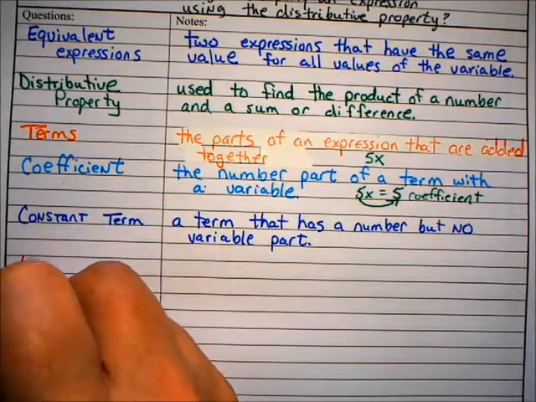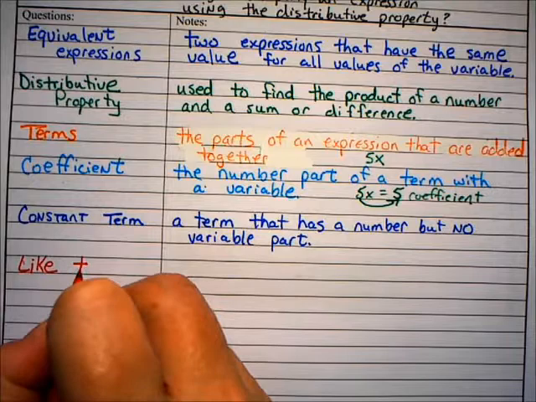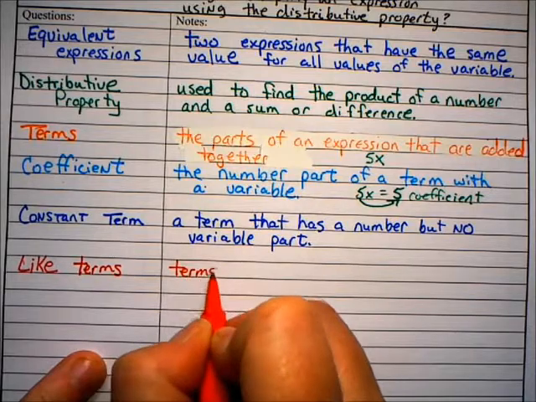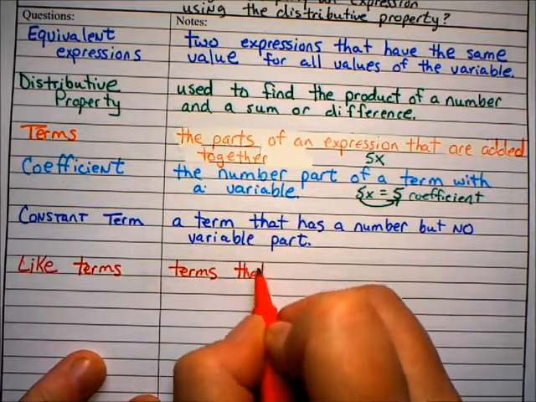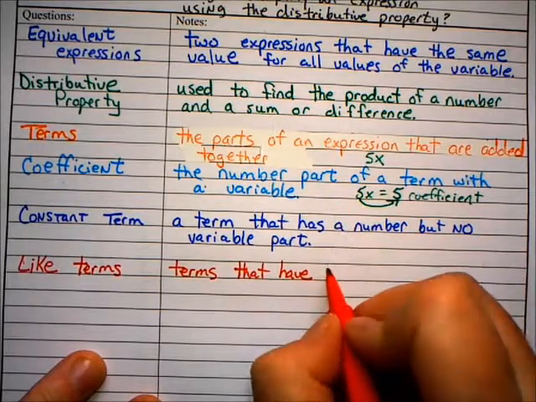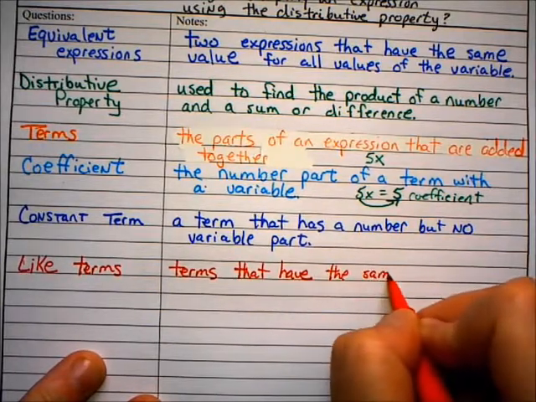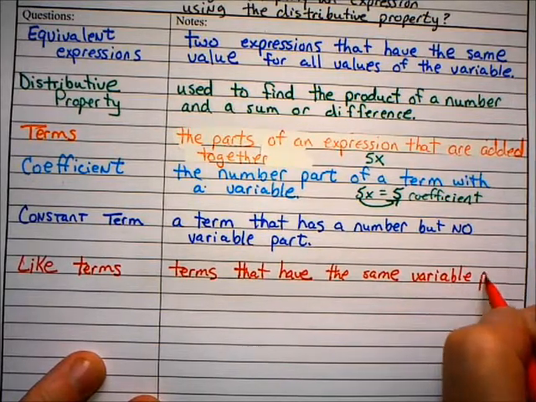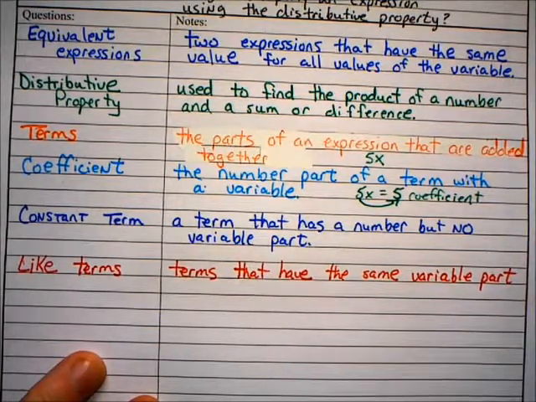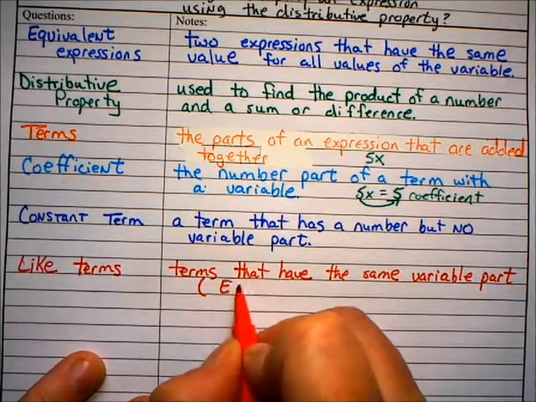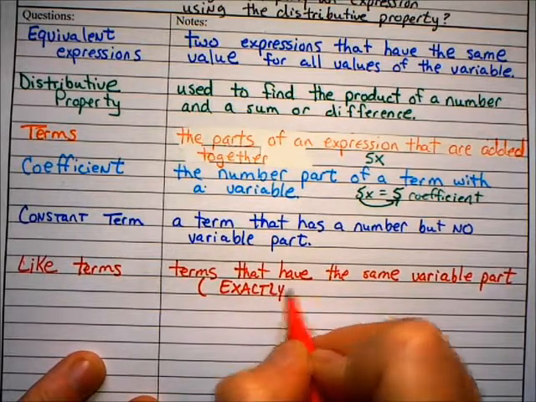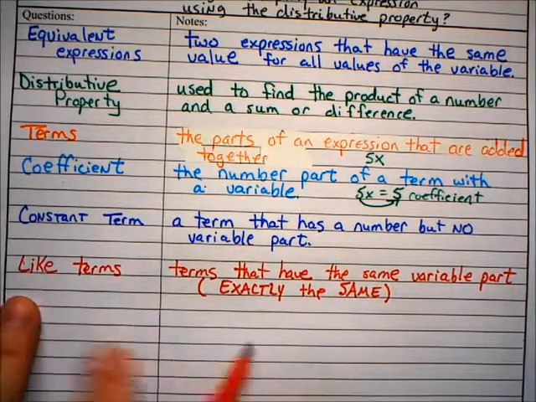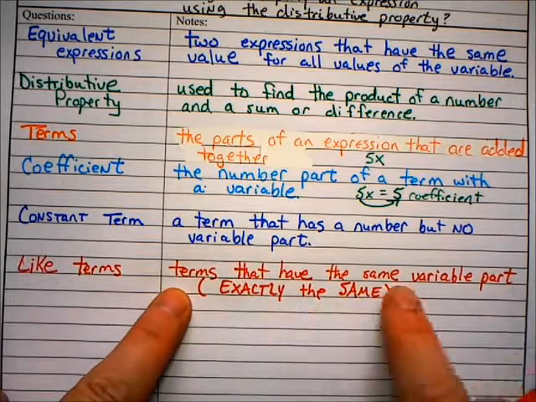So the last one is like terms. Okay, so like terms are all individual terms that have the same exact variable parts.